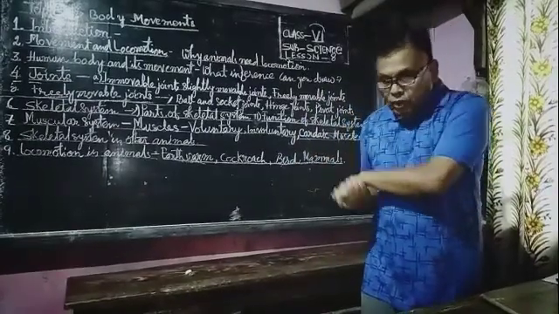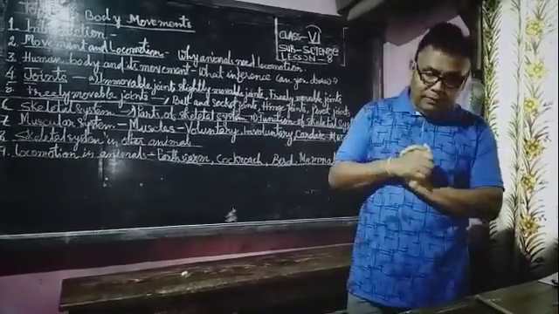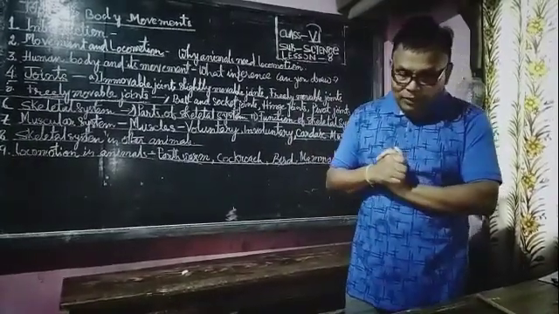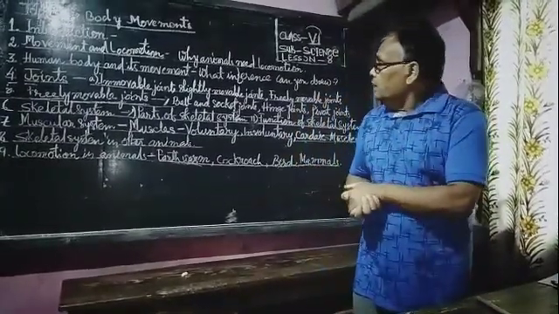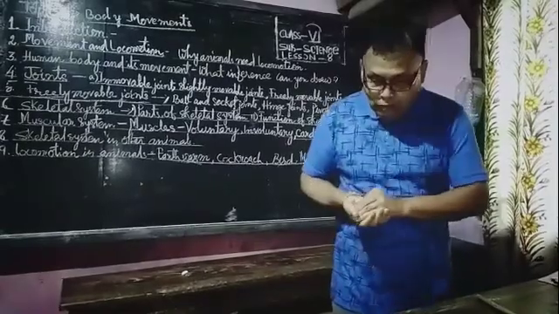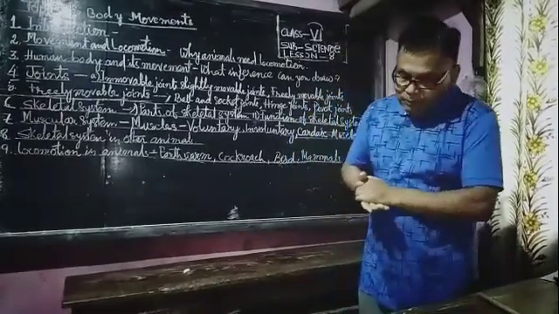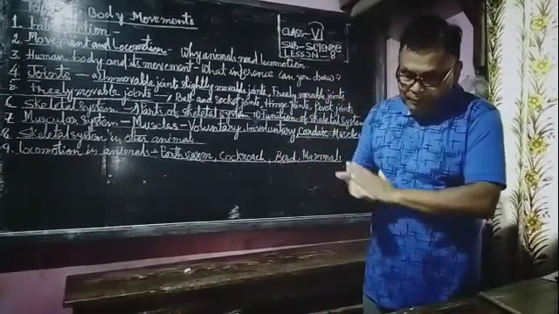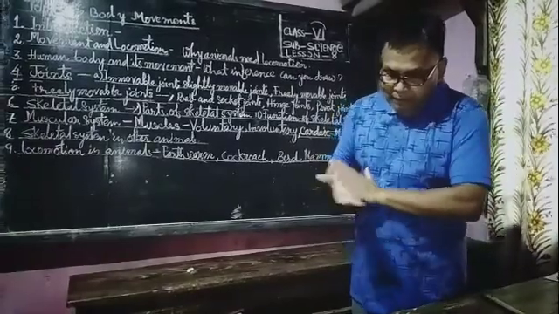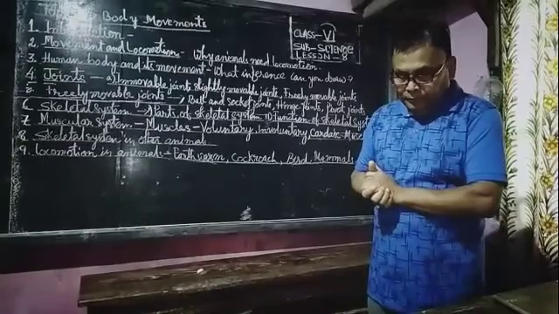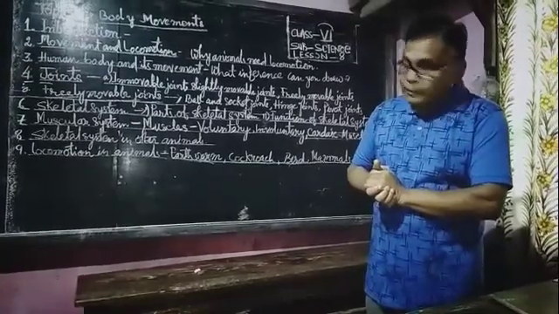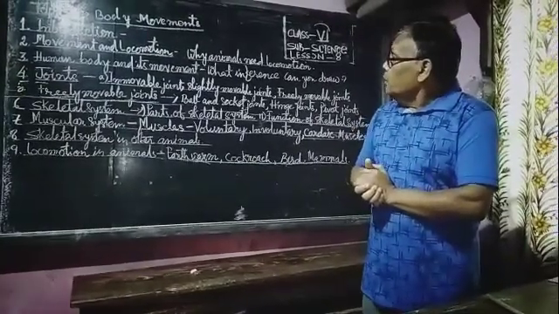Some joints do not allow any movement. Based on this, there are three kinds of joints. The three kinds of joints are immovable or fixed joint, slightly movable joint, freely movable joint. Now I will discuss one by one.